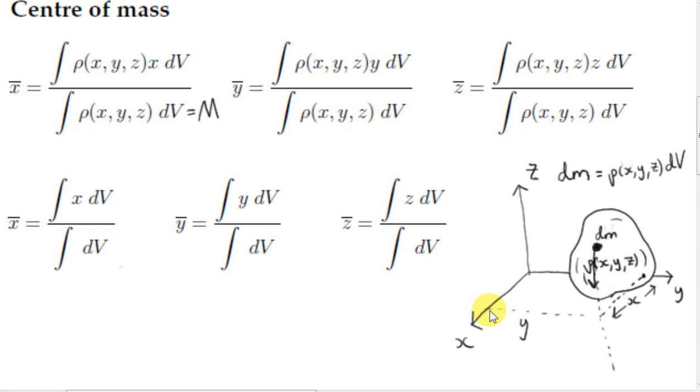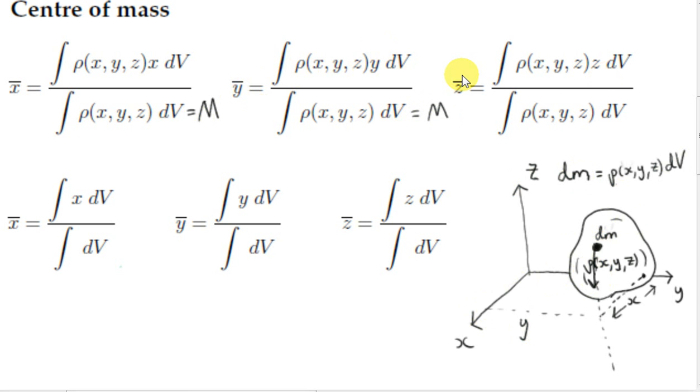So the distance here is y. So we multiply dm by y, or rho dv times y, and we do that for all mass elements, and we sum all those contributions, and that's the numerator for y bar. The denominator is the same, it's the total mass of the object, capital M.